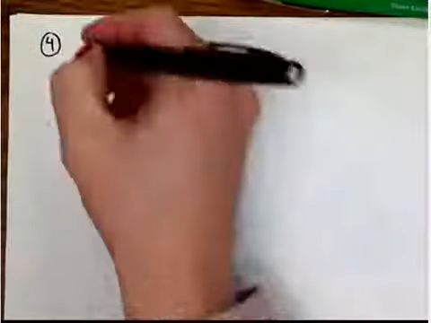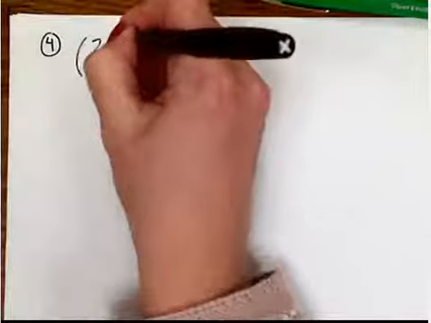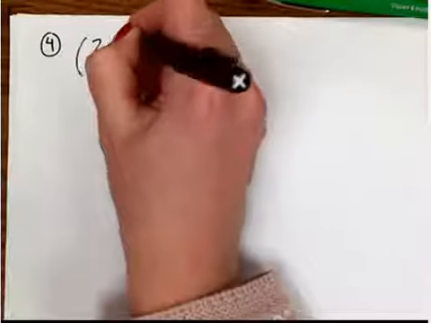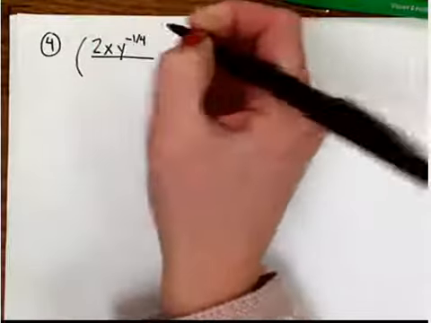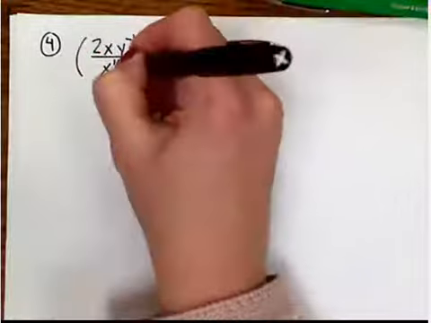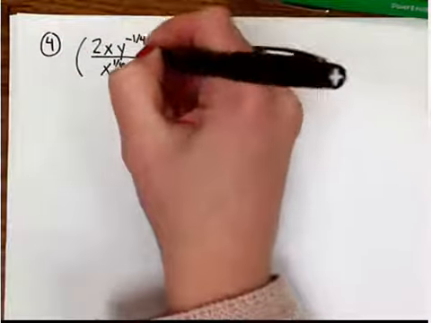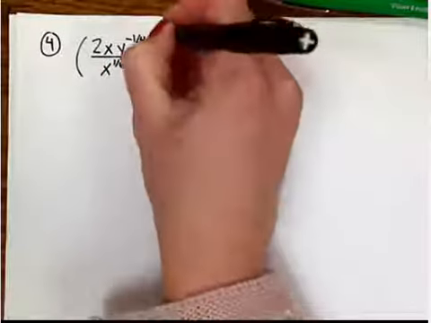Okay, let's go ahead and do another example. Let's do quantity 2x y to the negative 1/4 over x to the 1/6 and z to the 2/5, quantity cubed.